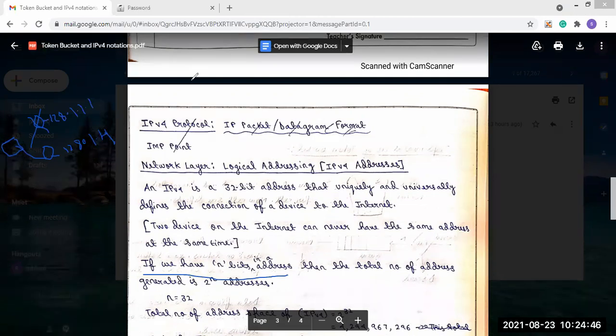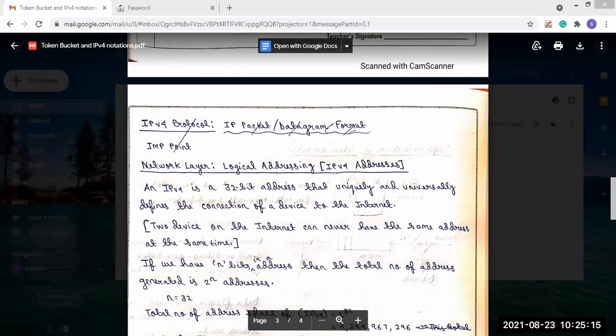IPv4 is a 32-bit address. That means n is 32. So the total number of addresses generated in IPv4 will be 2 to the power 32.